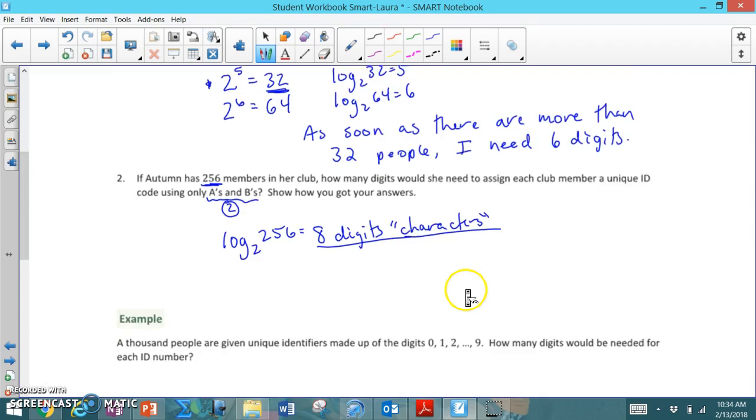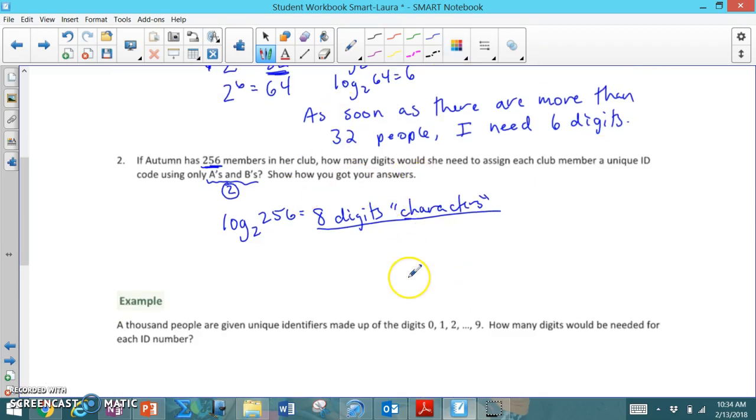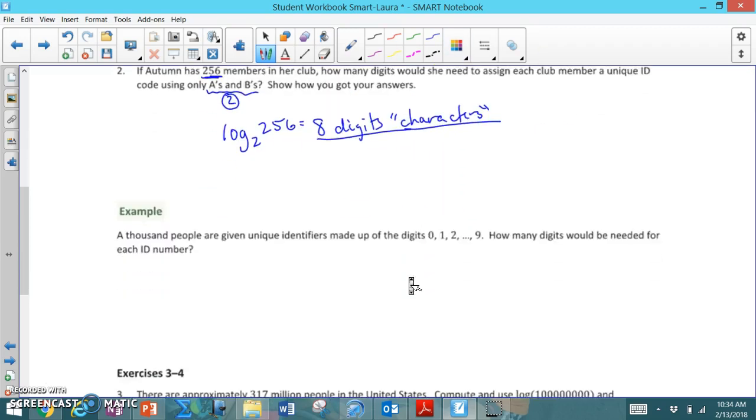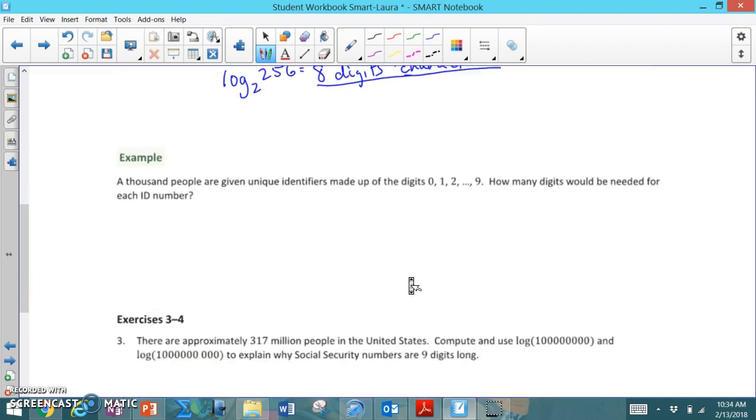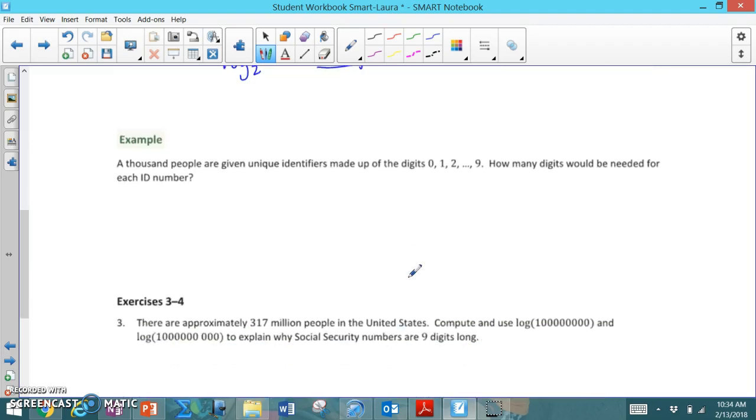So we can see that we can use this for multiple cases in Autumn's situation, but what I like about the next few examples is it extends it to some other real-world examples. So the next example says 1,000 people are given unique identifiers made up of the digits 0 through 9. How many digits would be needed for each ID number? Again, it gets confusing because they start using the word digits over and over again, so you really have to decipher what do you know. These numbers right here, 0 through 9, there's 10 numbers. Again, that's the different things they can use within the code.